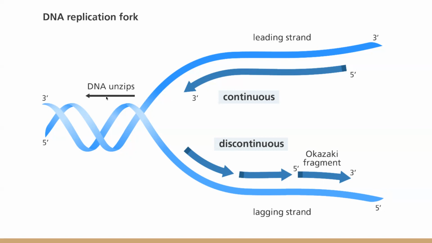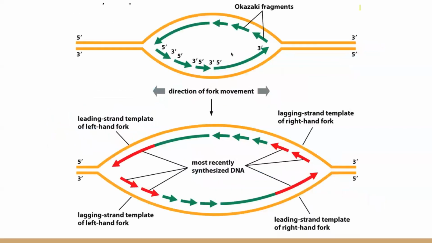As it opens up in this direction, is the 3' end in the direction of the replication bubble, or as it opens, is there a piece that's exposed afterwards that needs to be added onto? That would be the lagging strand. And then this is the leading strand.